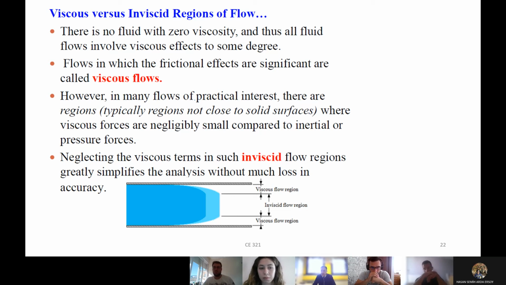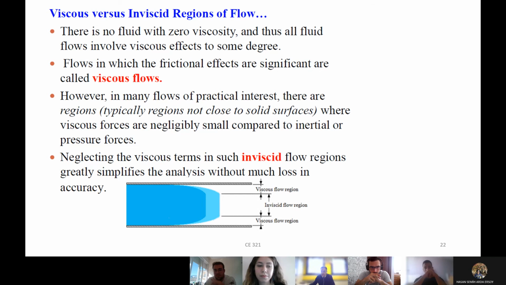Neglecting the viscous term in such inviscid flow regions greatly simplifies the analysis without much loss in accuracy. You ignore tau, but you do not lose much accuracy.